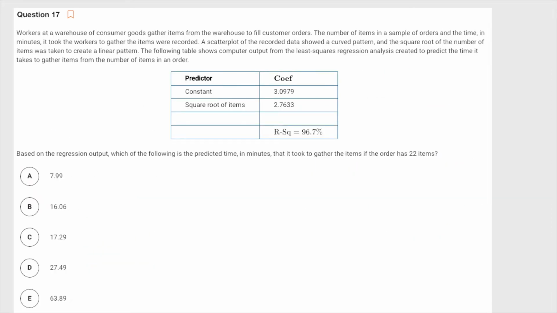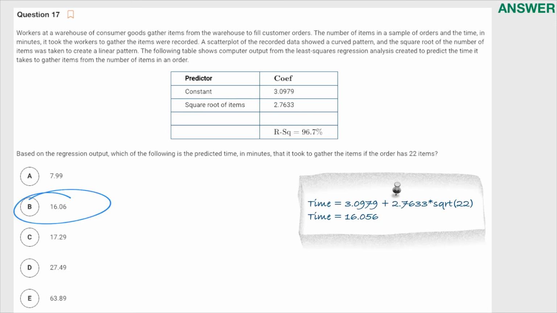Next question also does more regression and gives you a table of outputs, but this time you have a constant and the square root of items. In the body of the problem, it says that the original model produced a curved pattern. So what they did was they took the square root of the number of items, or the x, and it created a linear pattern.